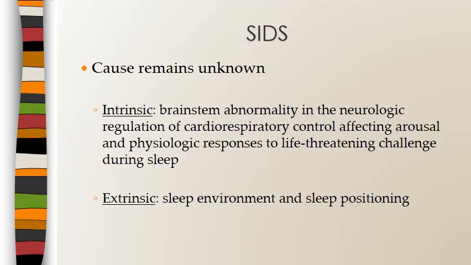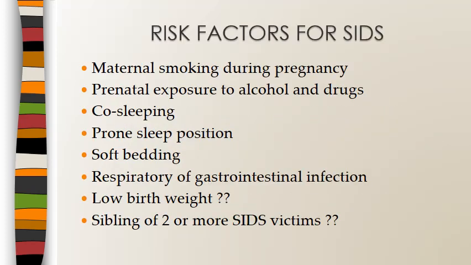There are also some extrinsic features, such as their sleep environment and sleeping positioning. So that's why we discourage any type of soft bedding, soft objects, and we also discourage sleeping on their belly so that there isn't any potential for suffocation. We do know, though, that there are certain risk factors that we see in children who have SIDS.